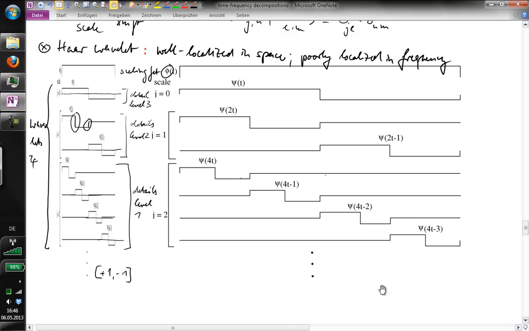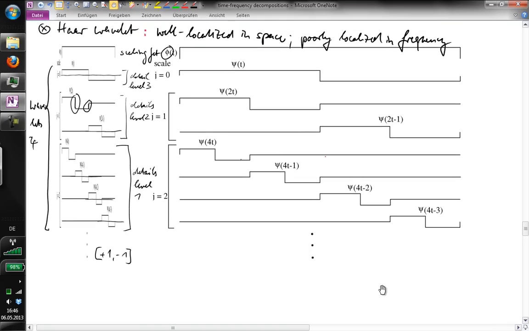Okay, so this is one easy class of wavelets, and the other easy class of wavelets is the complementary. This is the Shannon or the sinc wavelet, which is not well localized, I should say perfectly localized in frequency.